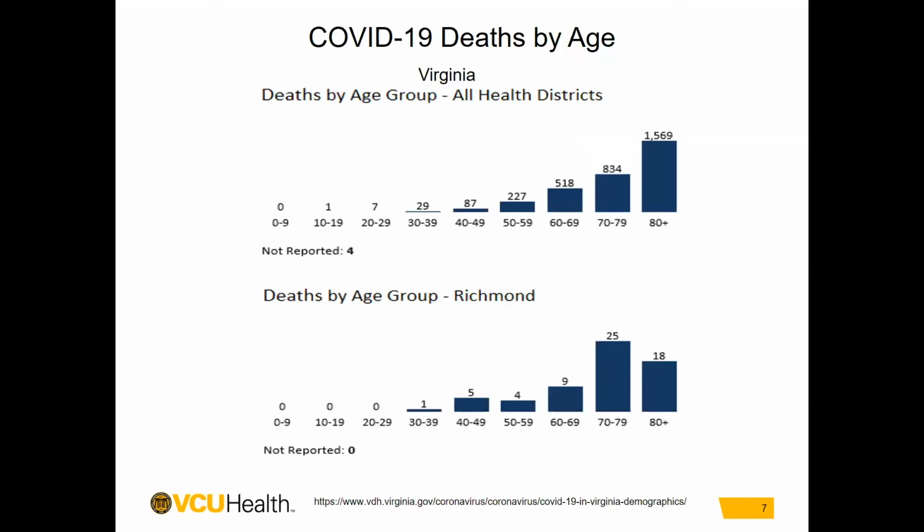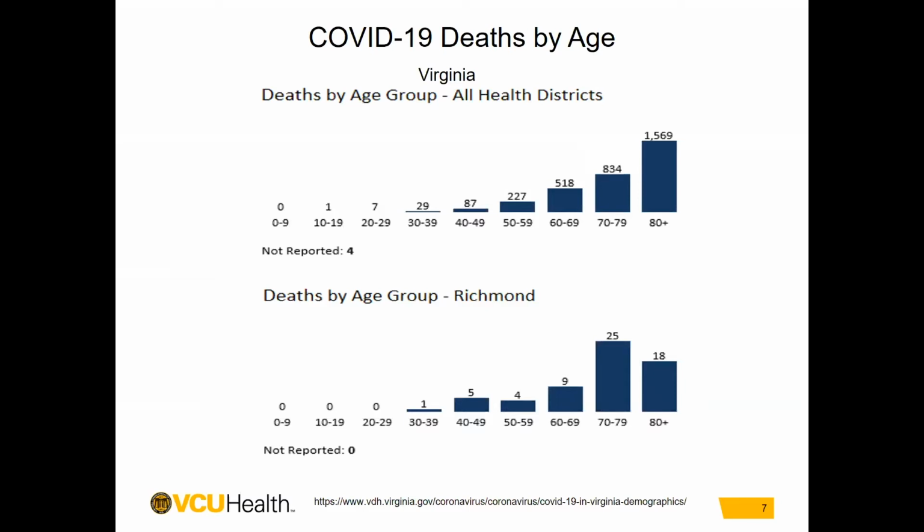So let's come home to Virginia. Now, when COVID-19 first unfolded, we were all very focused on the impact on our senior population. And even today, as we look at what is happening in regards to this pandemic, the vast majority of individuals who are dying as a result of COVID-19 are individuals who are 70 and above.